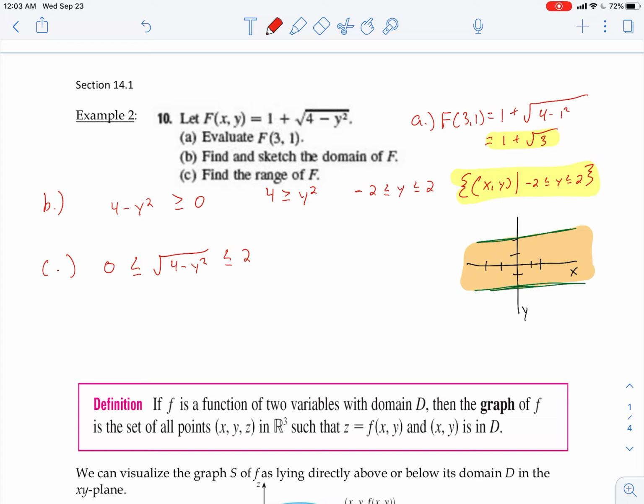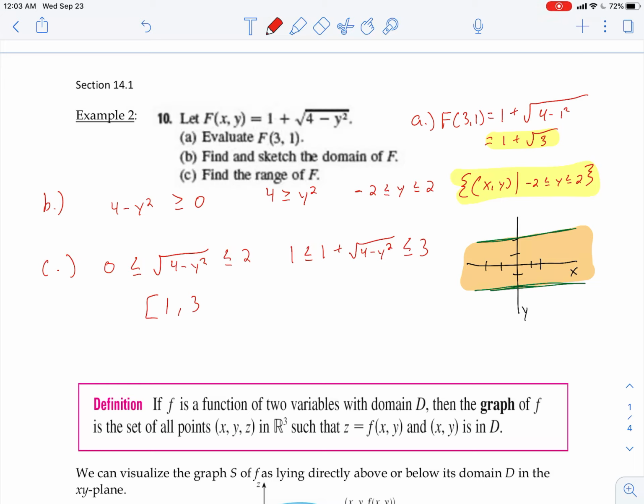Now if this is the case, then I know 1 is going to be less than or equal to 1 plus the square root of 4 minus y squared, which is going to be less than or equal to 3. So adding 1 here is going to add 1 to both of those. And so the range for f is just going to be 1 to 3.